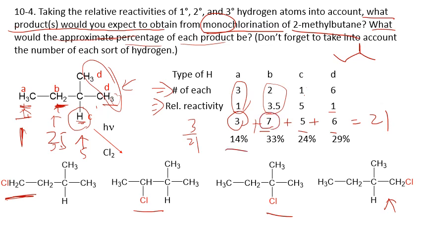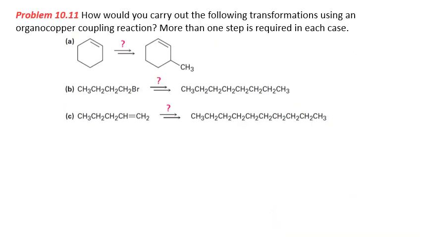And then 7 divided by 21 is 33%. This is 24, and this is 29. Therefore we estimate the product ratio for all these 4 products is like this: 14%, 33%, 24%, and 29%.